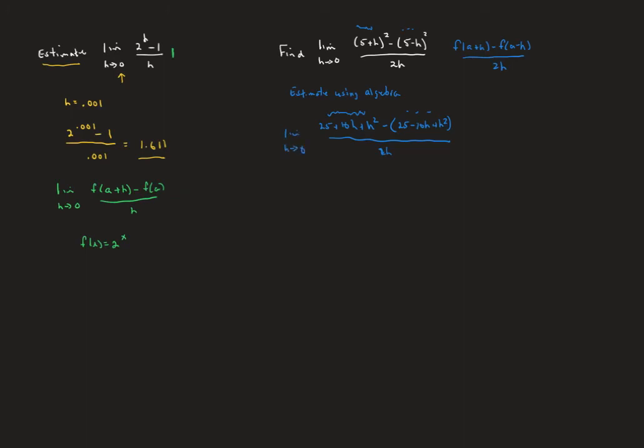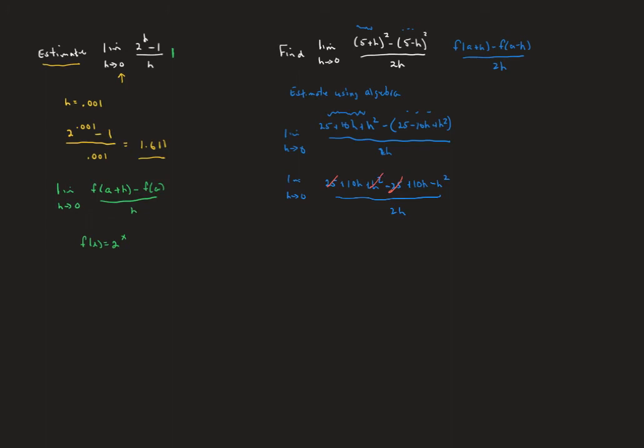We are going to distribute that negative sign, so that becomes the limit as h goes to 0 of 25 plus 10h plus h squared, minus 25 plus 10h minus h squared, all over 2h. Now you may remember when we did this before, anything without an h in it is going to find something to cancel.